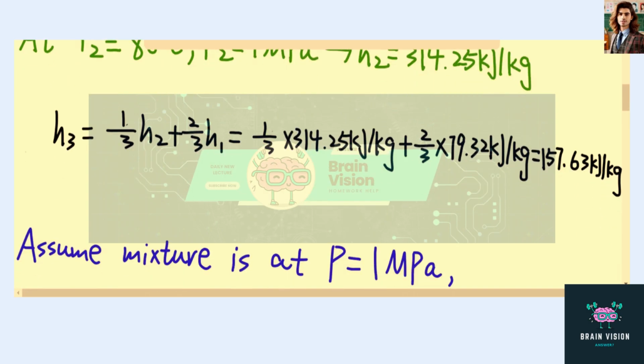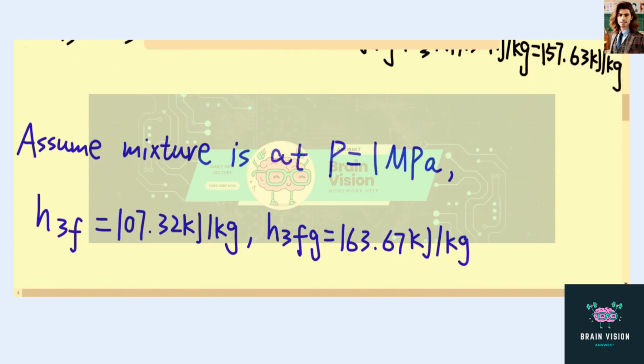So now let's assume the mixture also has the same pressure, which is 1 megapascal. If we take a look at the table, we have the enthalpy of a saturated liquid, h3f, which is given as 107.32 kilojoule per kilogram.